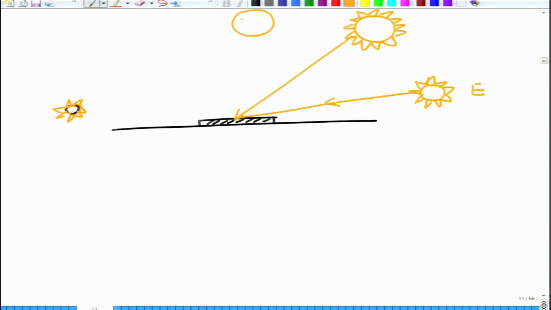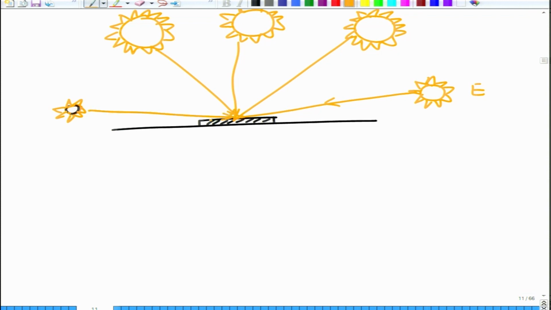Somewhere in the day the sun goes on top, which is, let us say, the noon, the light comes like this. In the afternoon, the sun goes somewhere here, and it comes like this, and then in the evening at sunset it comes like that.